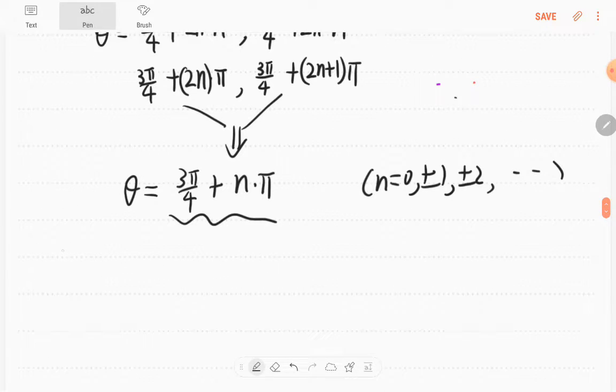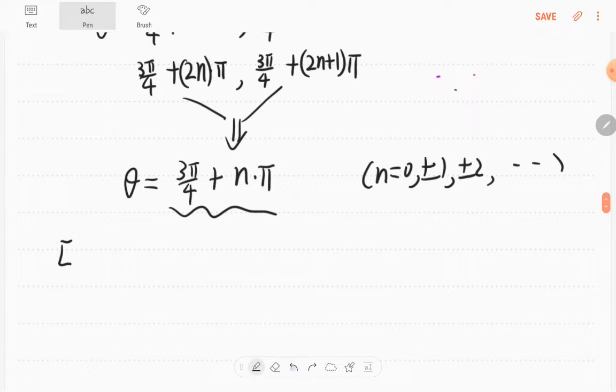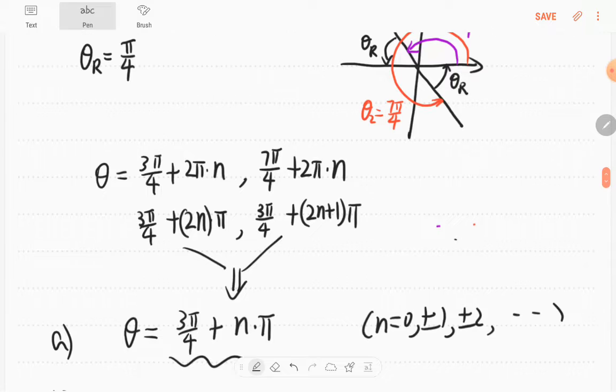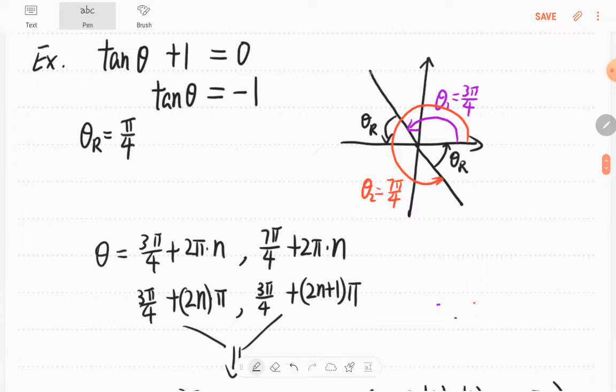So this is the first question. The second question is we need some specific solutions. The reason we can put these together is these two angles are actually on the same line, the terminal side is on the same line. The difference is just pi.